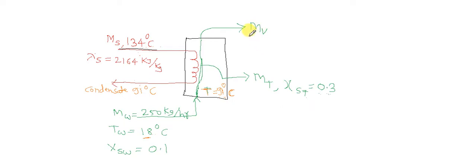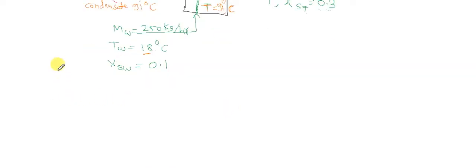Some of these equations I already gave last time in the design of evaporator, so I just put in these values. First we go for the material balance of weak liquor.